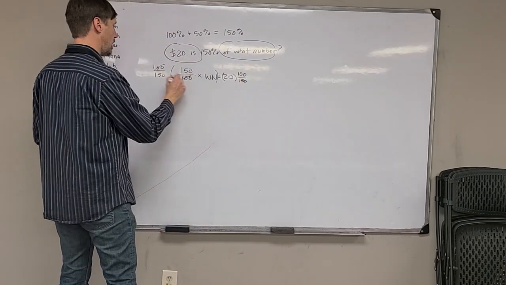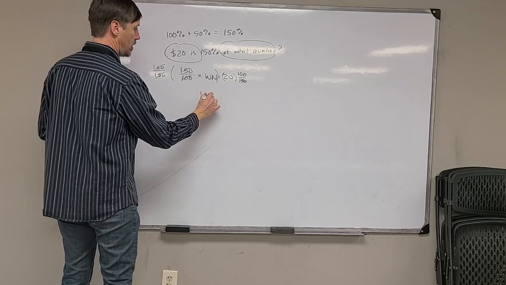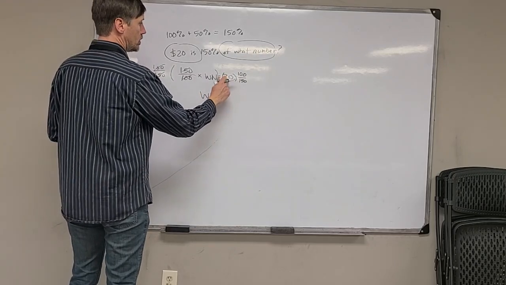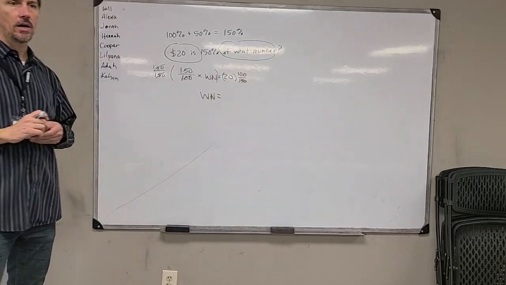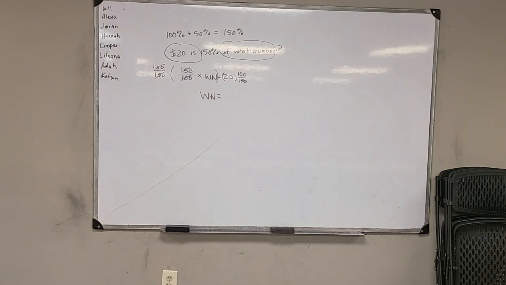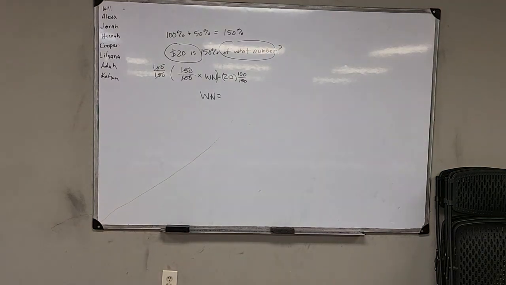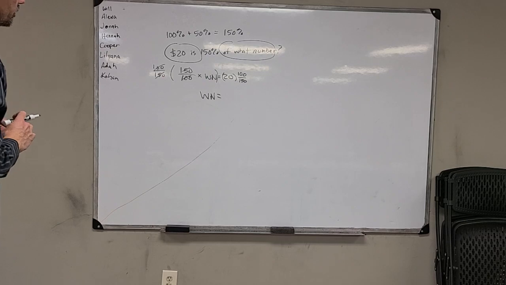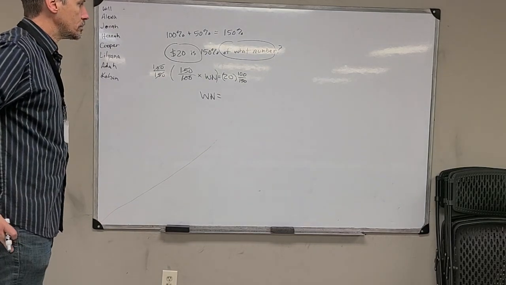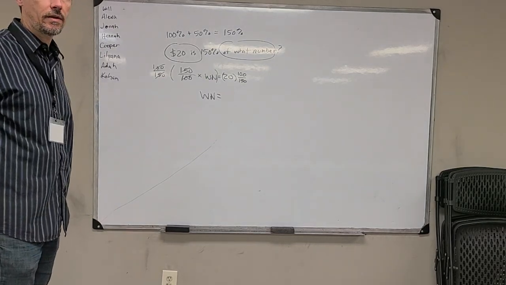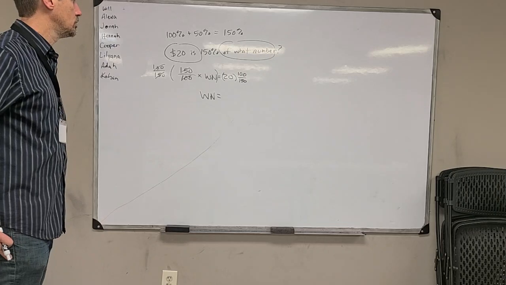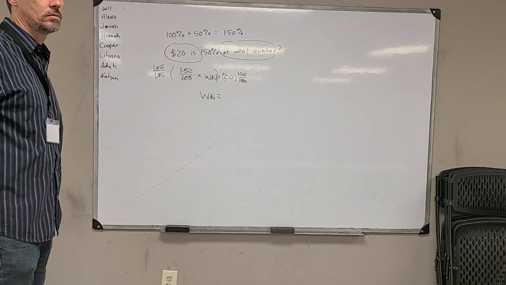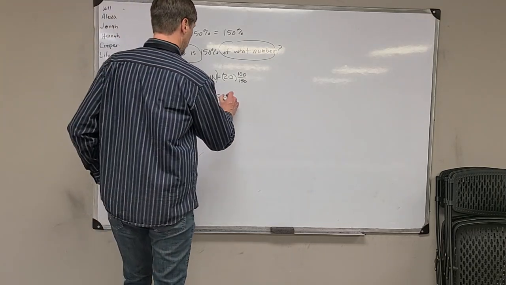And so these cancel out, and we get that what number is equal to 20 times 100 divided by 150. So that's going to be 200 divided by 15. And what is that? Can I have that as a decimal? 13.3. 13.3?